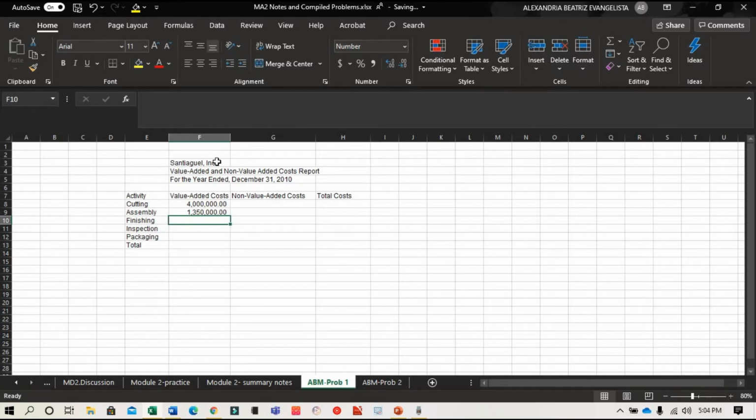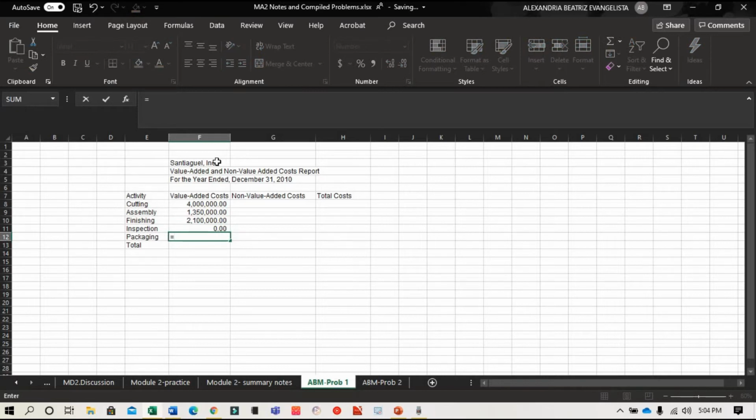For finishing, that is 300,000 multiplied by 7. For inspection, of course, that is 0 because the standard quantity is 0. It's also the same for packaging since its SQ is 0 as well.